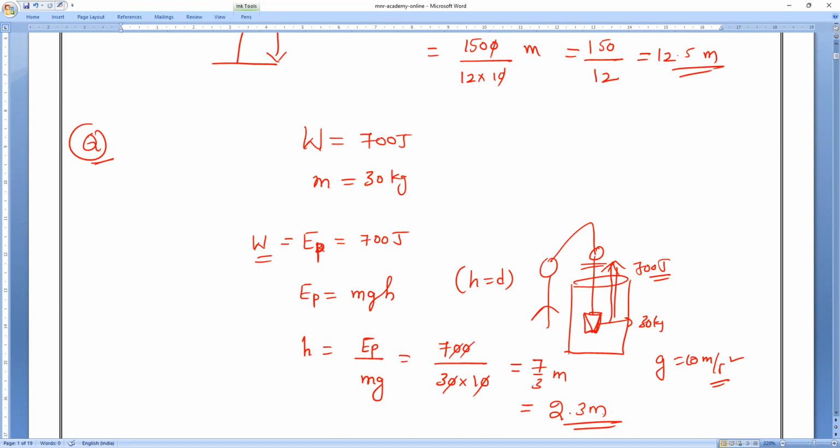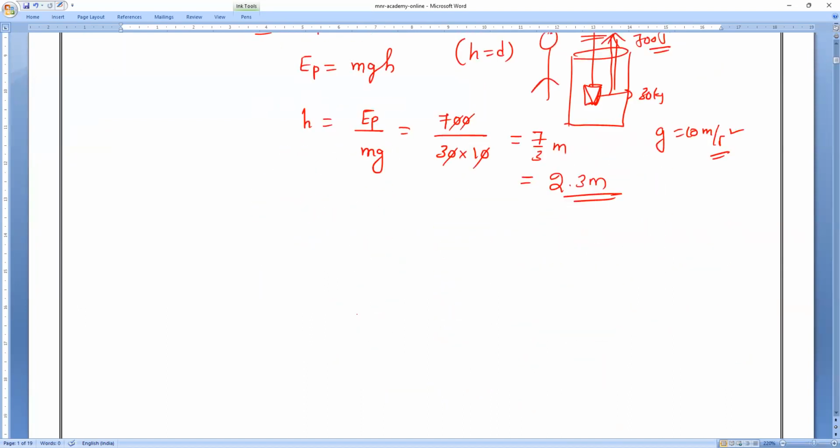So write the question, all of you. If the potential energy of a body held at some height from the ground is 20 joules.